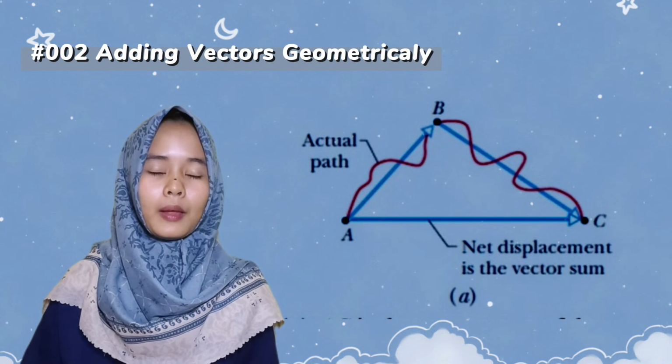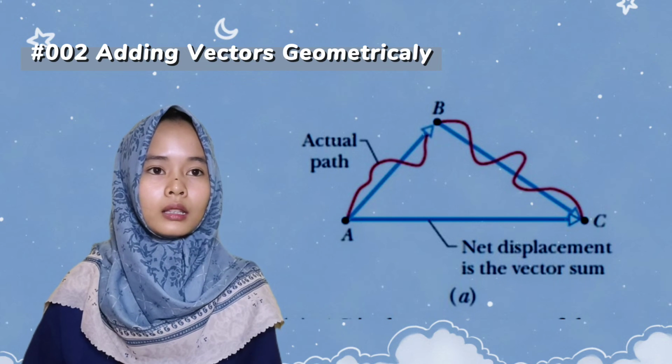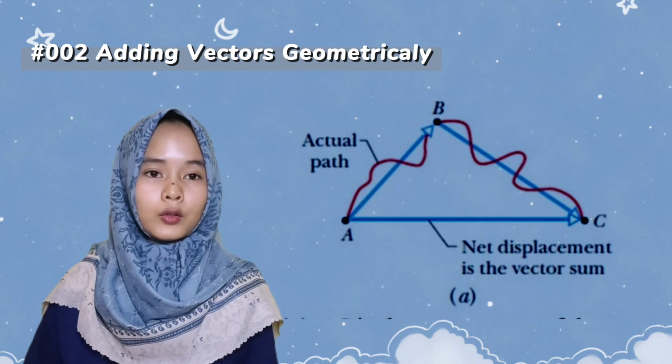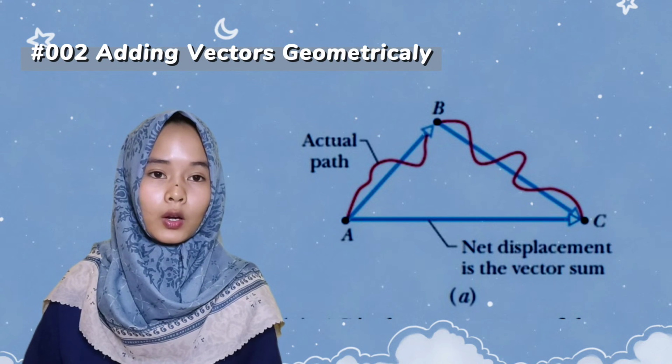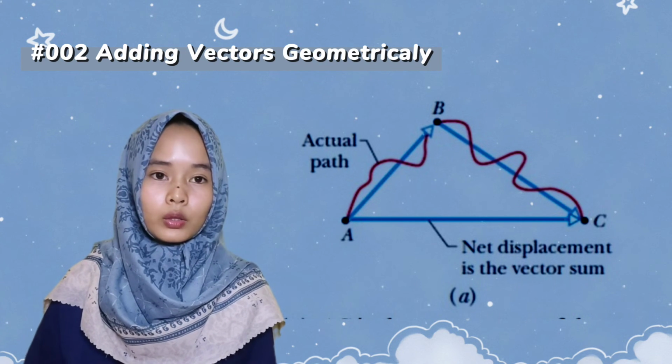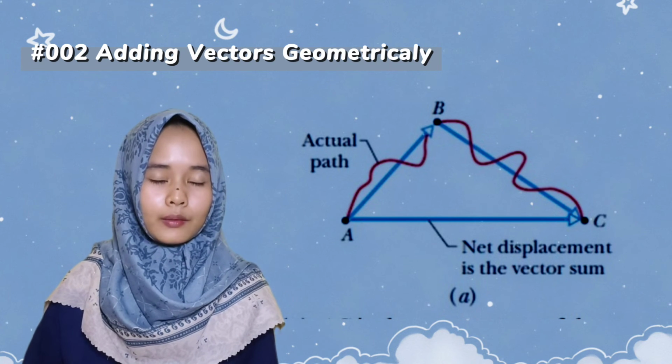The net displacement of these two displacements is a single displacement from A to C. We call AC the vector sum, or resultant, of vectors AB and BC.